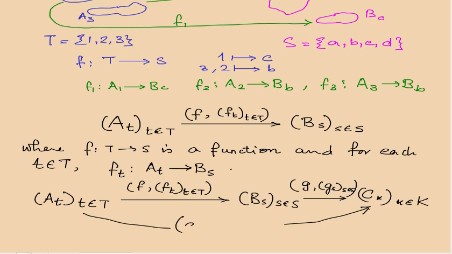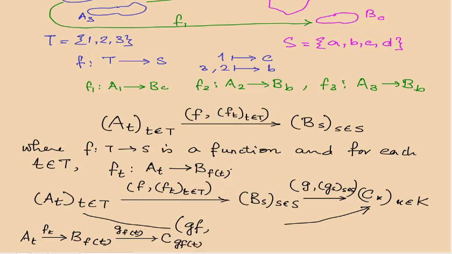The composite would be gf, a map from T to K. Now, f_t goes from A_t to B_f(t), and g at f(t) goes from B_f(t) to C_g(f(t)).